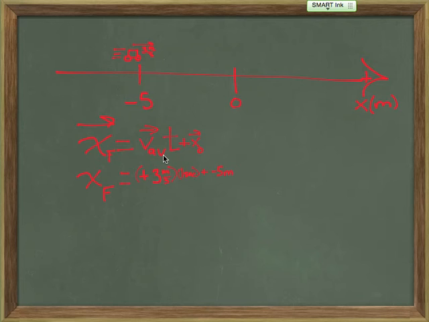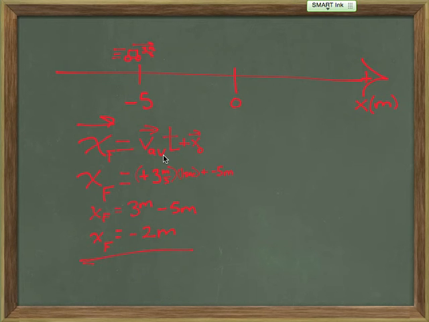So you can see what happens when you do this algebraically. My final position is actually going to be equal to 3 meters minus 5 meters, right? And when I calculate this further, I get negative 2 meters. And that's my final position. Okay? So I've solved this algebraically.